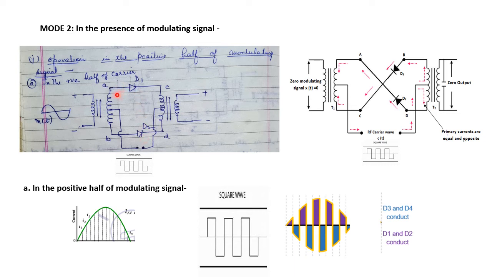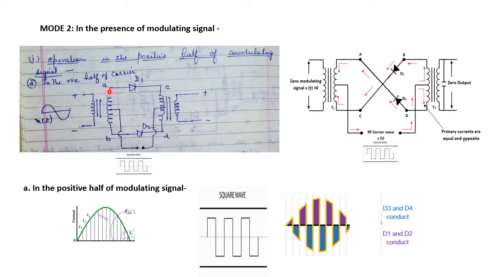Hence, we can say in other terms that the point A is directly connected to the point C and the point B is directly connected to the point D. Hence, whatever potential is present at the point A will be directly transferred to the point C, because the diode D1 is in the conducting mode.